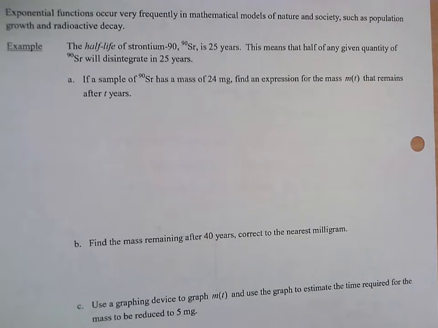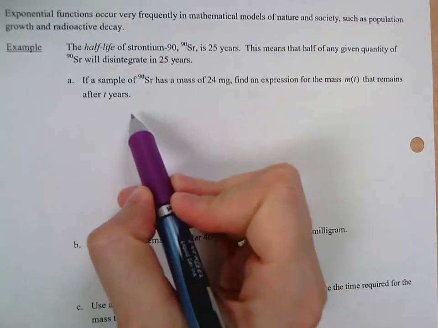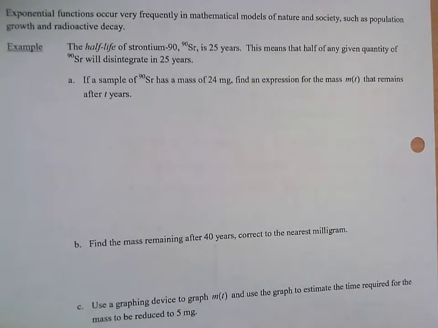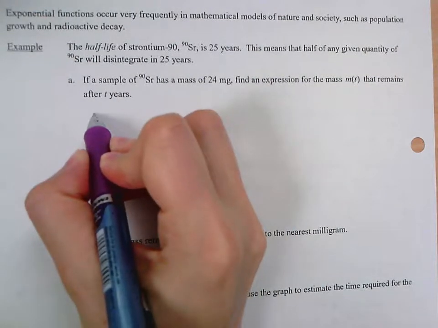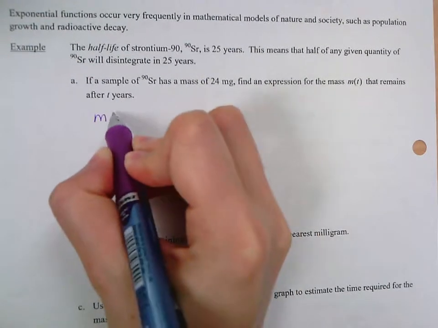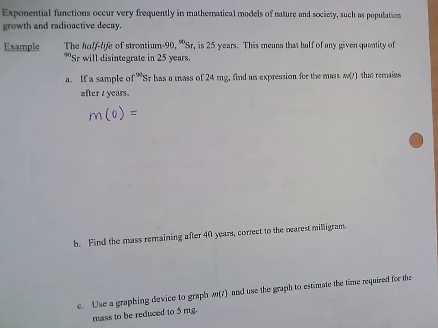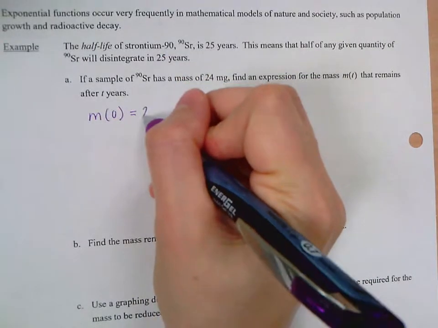In the end we want m of t, so we want an actual function. I'm going to start out with specific values. So I'm going to start out with m of 0. And m is the mass. So m of 0 would be the initial mass. And we know the initial mass is 24 milligrams.